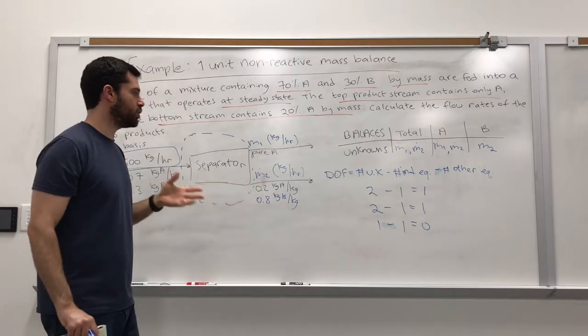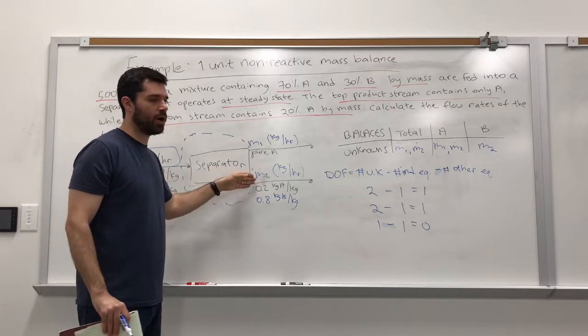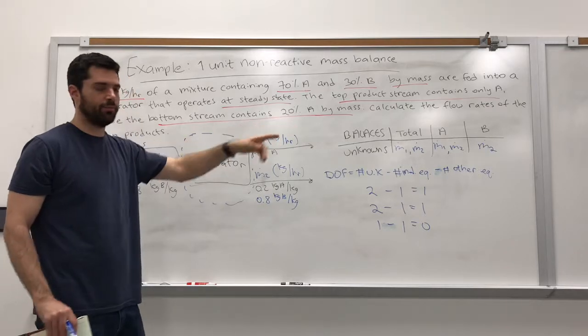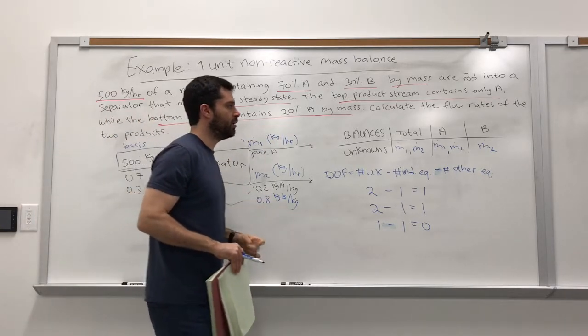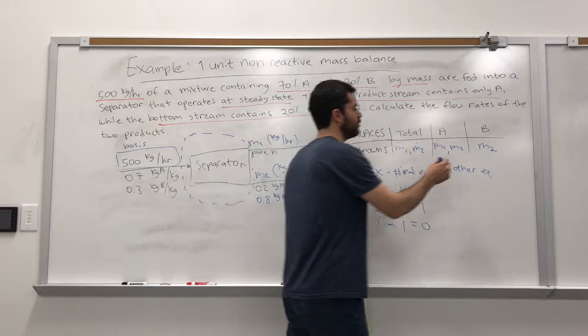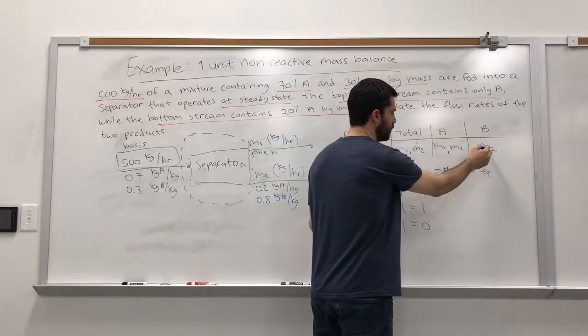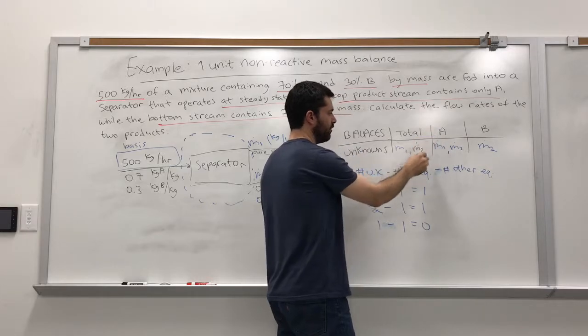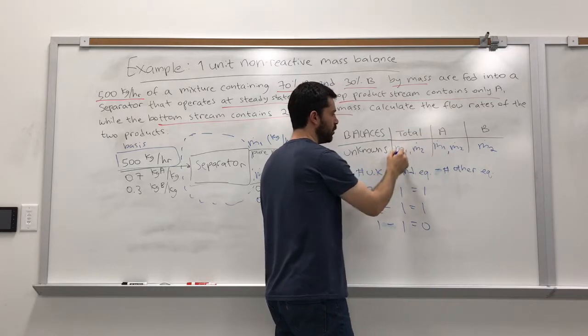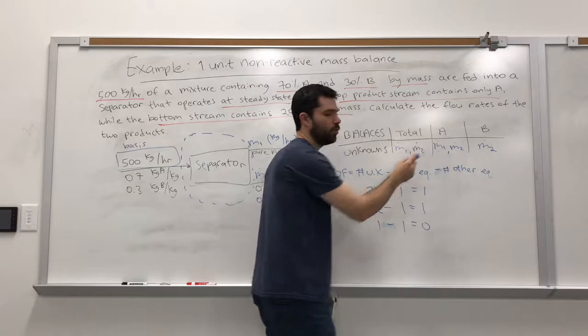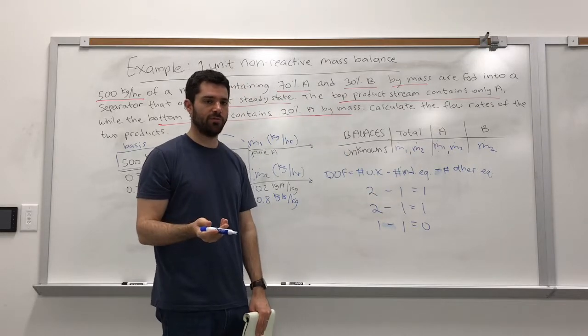So we have to solve all of these. But if I was told to just solve for the bottom product, then I would only do a balance on B, and I'd have the solution already. But since I need to solve both of them, I'm going to do a balance on B first. Once I solve the balance on B, I'll know M2, and then when I do a degree of freedom analysis on either A or the total, there'll be just one unknown for one equation, and I'll be able to solve for M1.